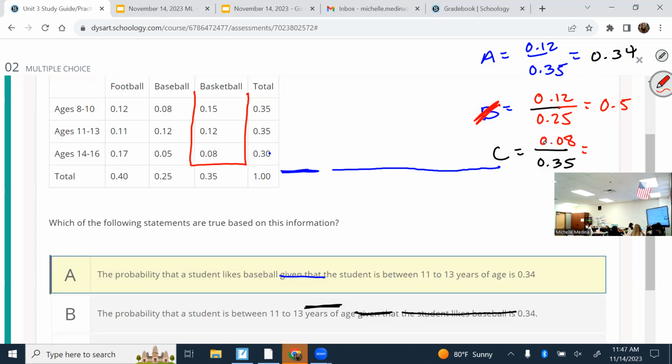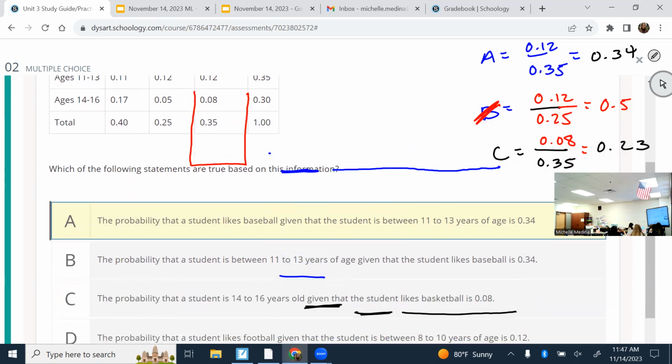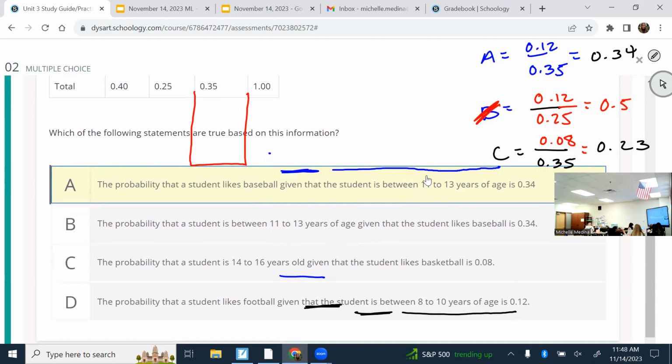And then when you do that math, 0.08 divided by 0.35, that's 0.23. And that is not what C said. C said it would be 0.08, but it's not 0.23.